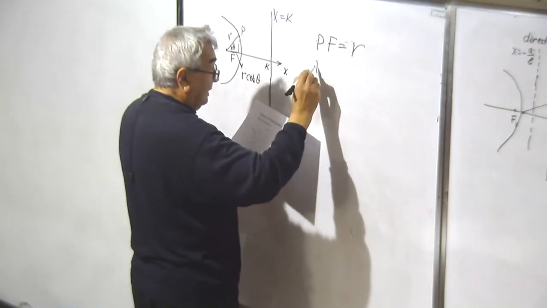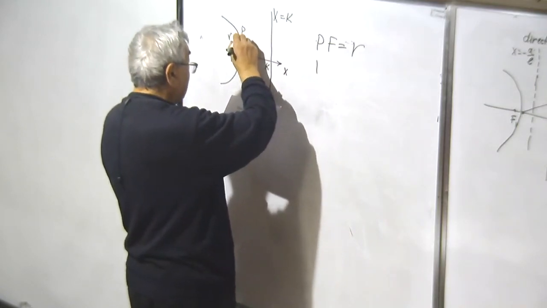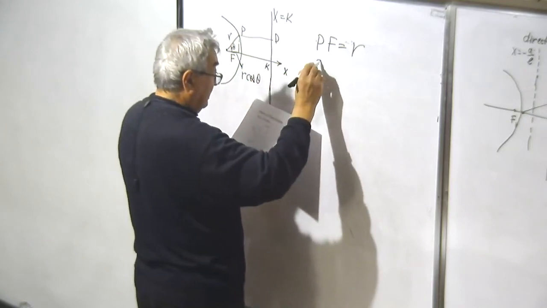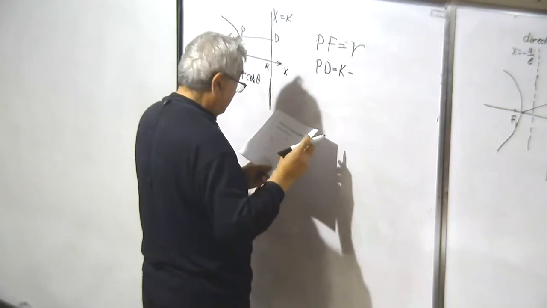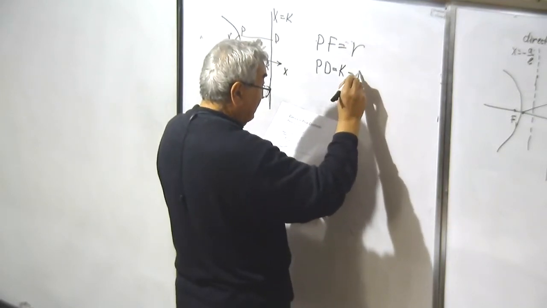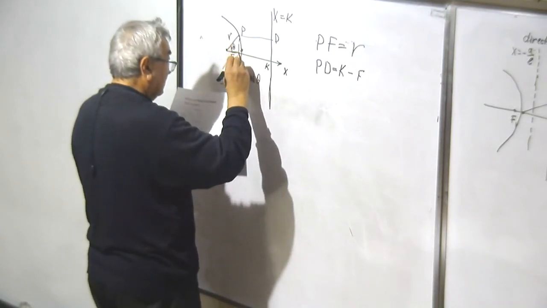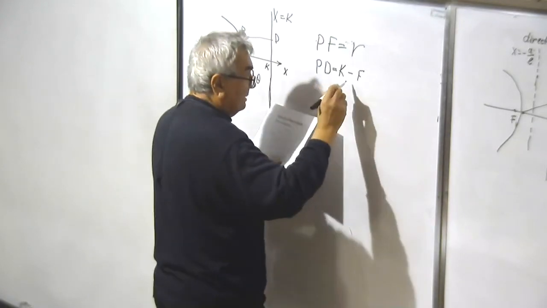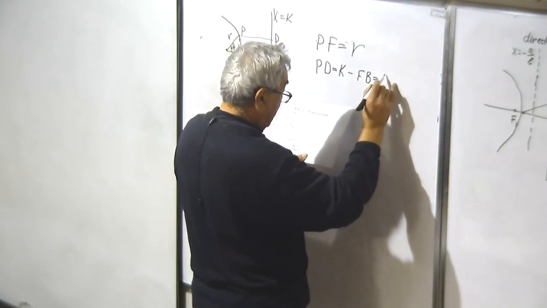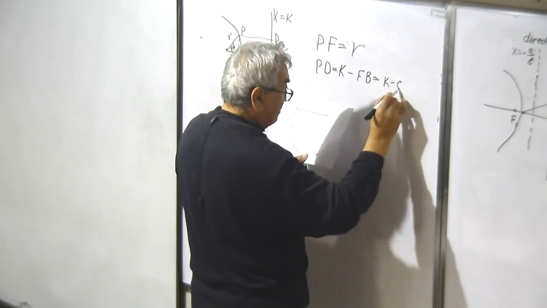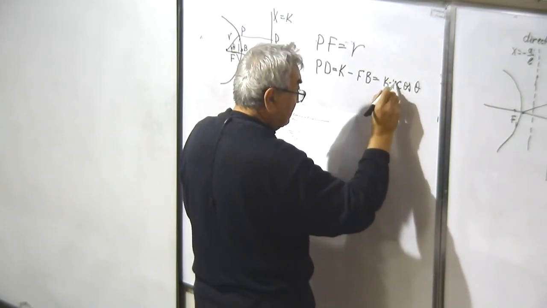And PD, this distance, equals k minus FB, if I note this point as B. FB is possible to write as r cos theta.